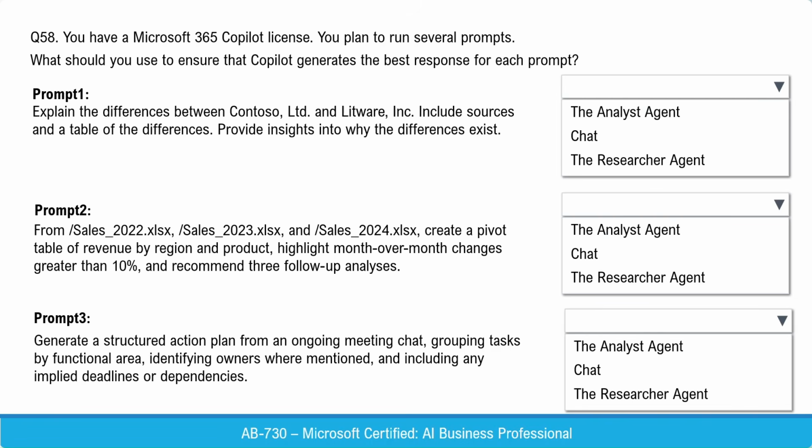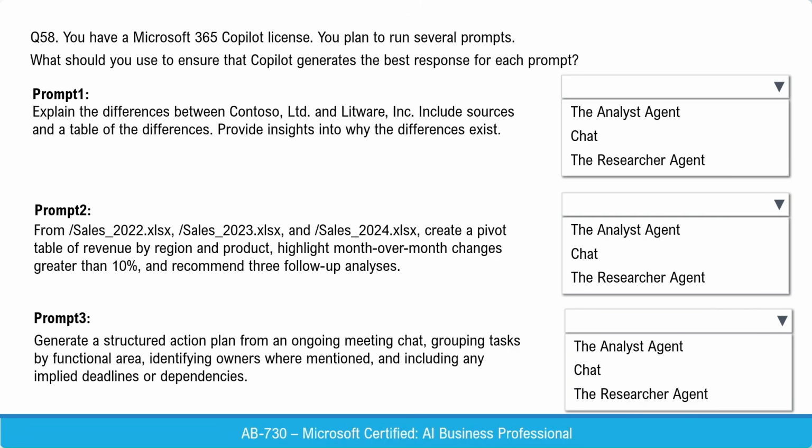Next question. You have a Microsoft 365 Copilot license. You plan to run several prompts. What should you use to ensure that the Copilot generates the best response for each prompt? You have been given three prompts, and for each prompt, three options: the analyst agent, chat, the researcher agent.